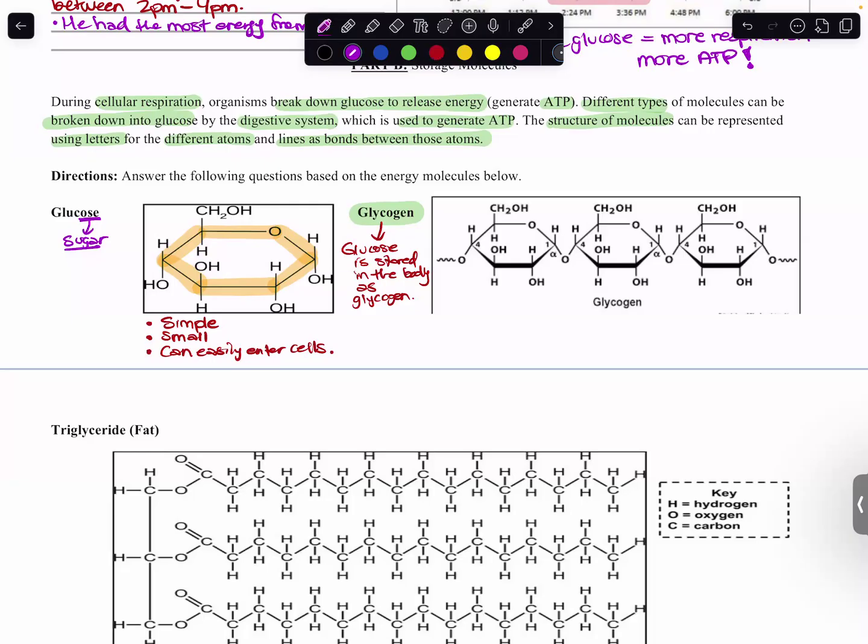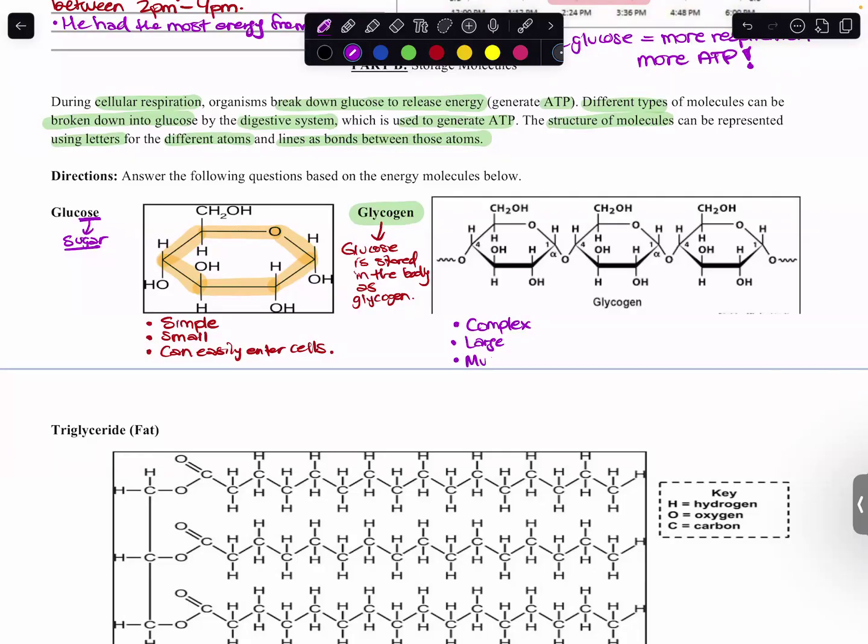And in comparison to glucose, we can see that glycogen is more complex in structure, right? Especially since those glucose are all attached. It's large, comparatively speaking to the glucose. But because it's complex and large, it can't easily enter cells.